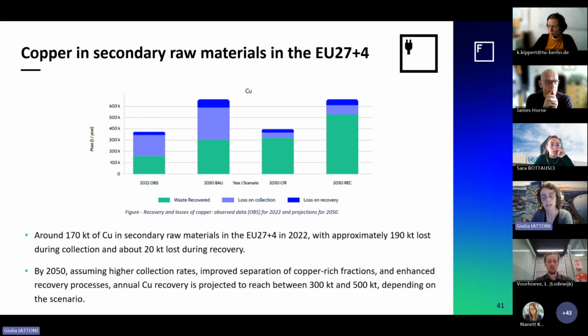And by 2050, assuming higher collection rates, improved separation of the copper-rich fractions, and enhanced recovery processes, the annual copper in secondary raw materials is projected to reach between 300 kilotons and 500 kilotons, depending on the scenario considered.